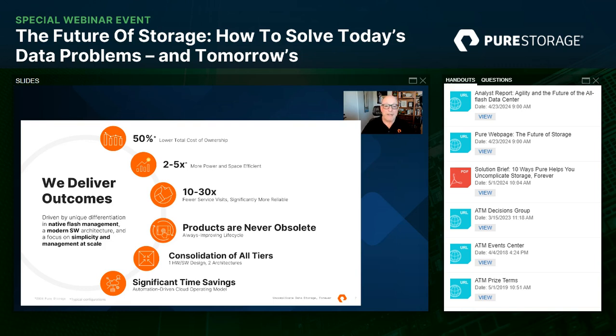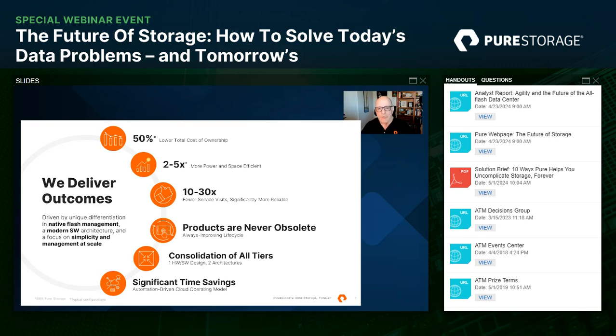It's this idea that you can use the same storage for all of your different workloads. So none of this tiering of storage. Hey, let's put the super fast stuff up here for our tier one, but we're still going to use tape and disk for our backup and archival.